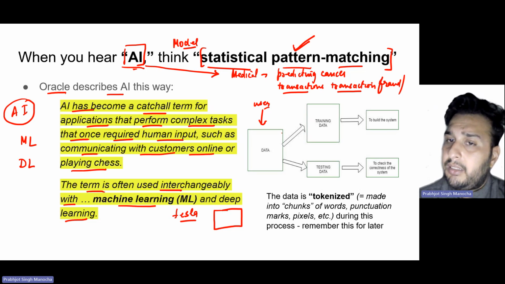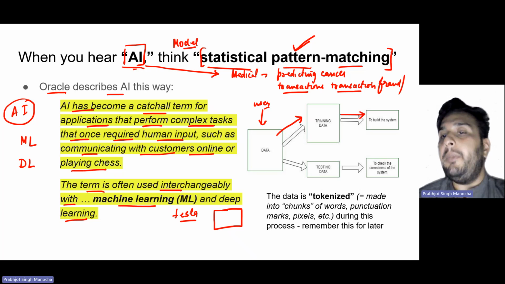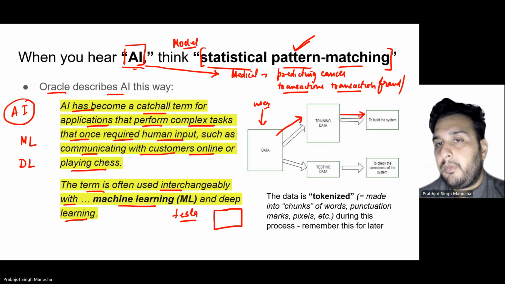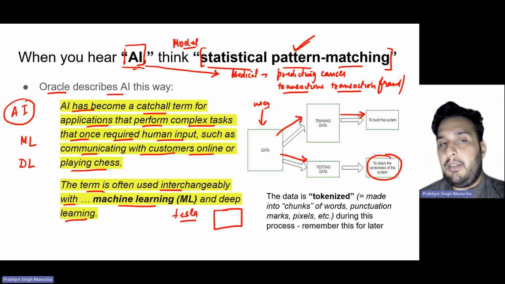From that data, we are going to train the model, and then build the model. And once we train that, we'll test the model to check how it is working and the correctness of the system, right?